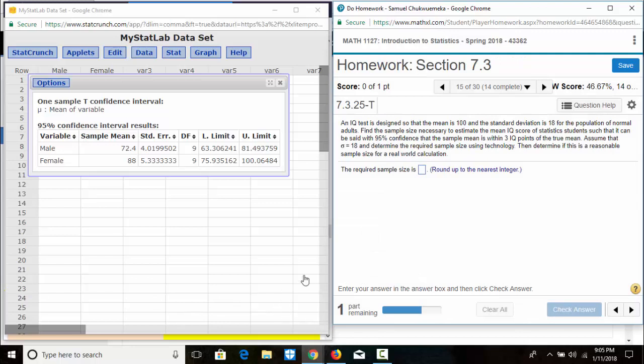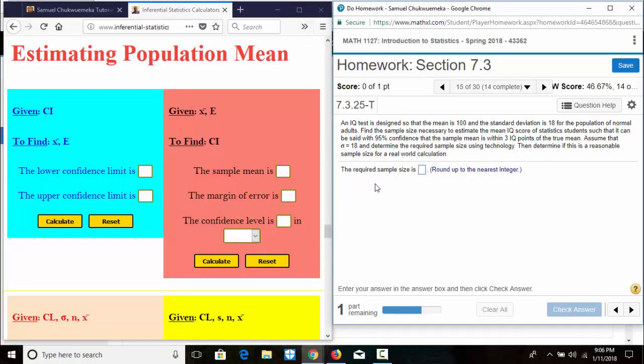Question 15. Now my turn. How about I use my turn now? An IQ test is designed so that the mean is 100 and the standard deviation is 18 for the population of normal adults. Find the sample size necessary to estimate the mean IQ score of statistics students such that it can be said with 95% confidence that the sample mean is within 3 IQ points of the true mean.